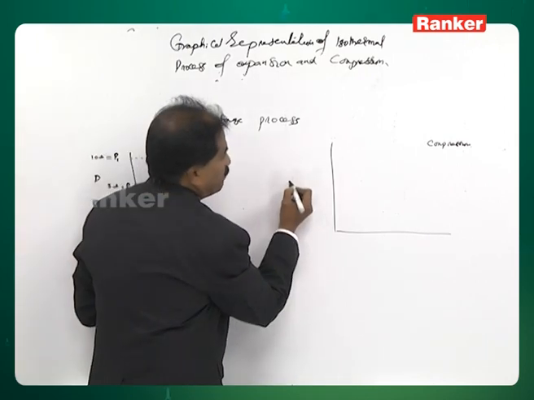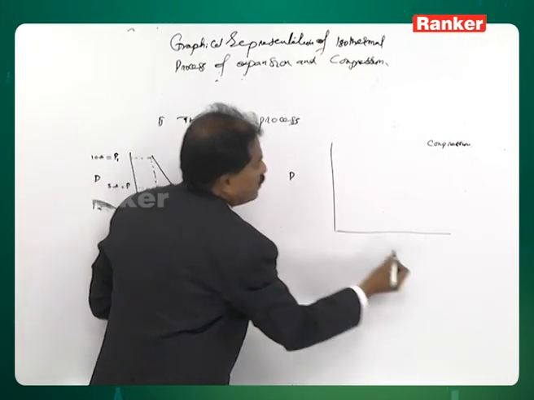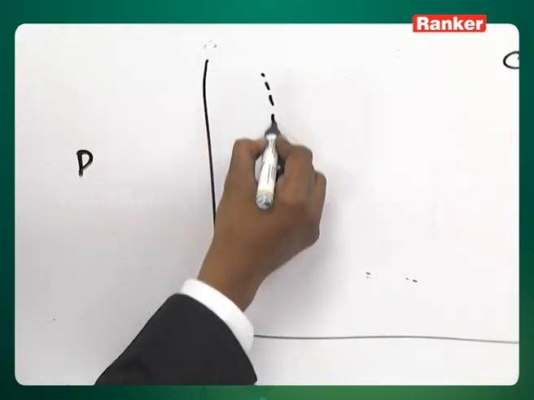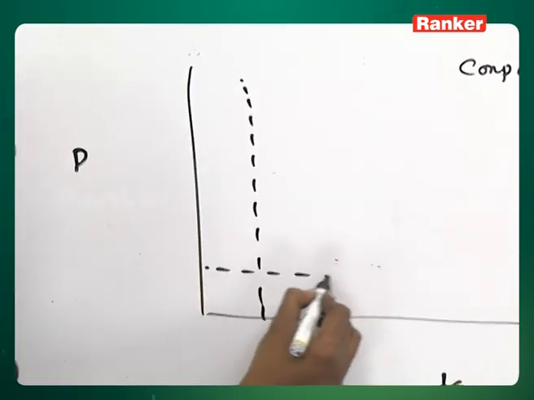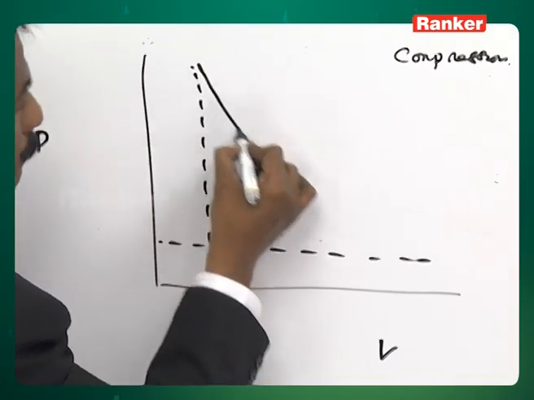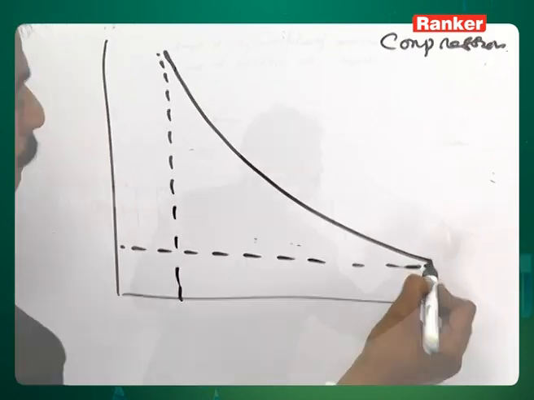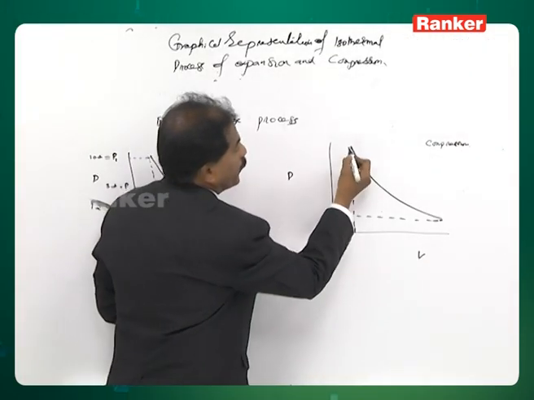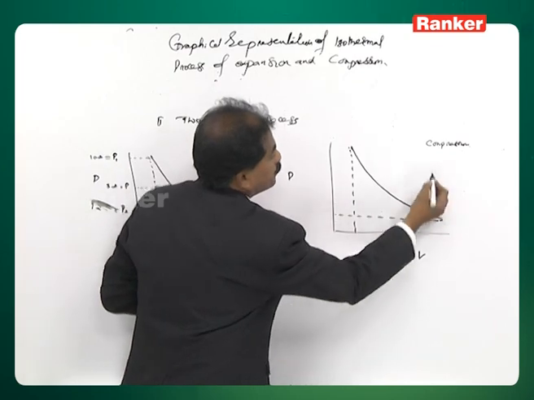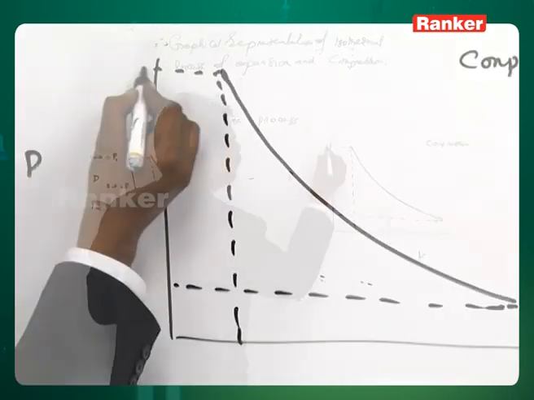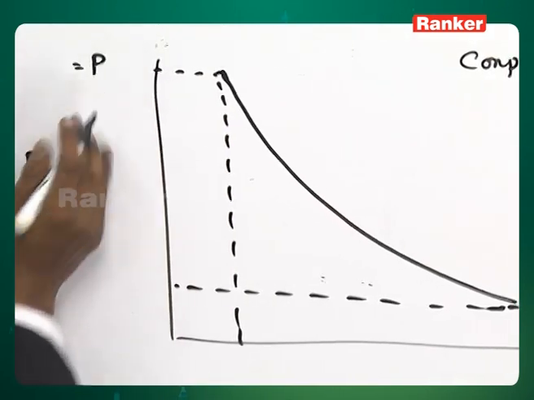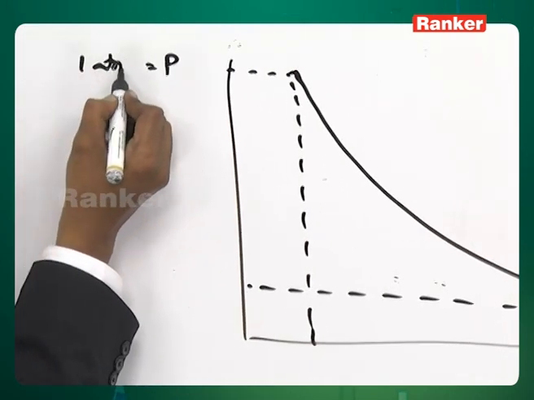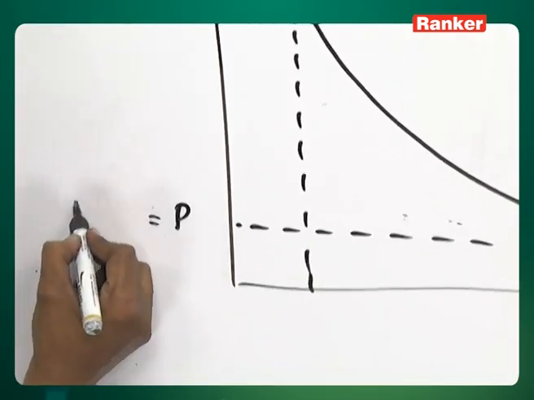Next, compression. Here this is compression, with pressure and volume. Here pressure is 10 atmospheres, here pressure is equal to 1 atmosphere.